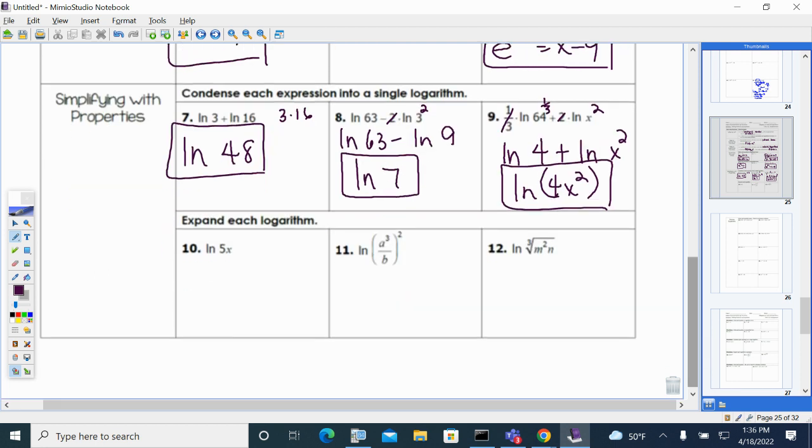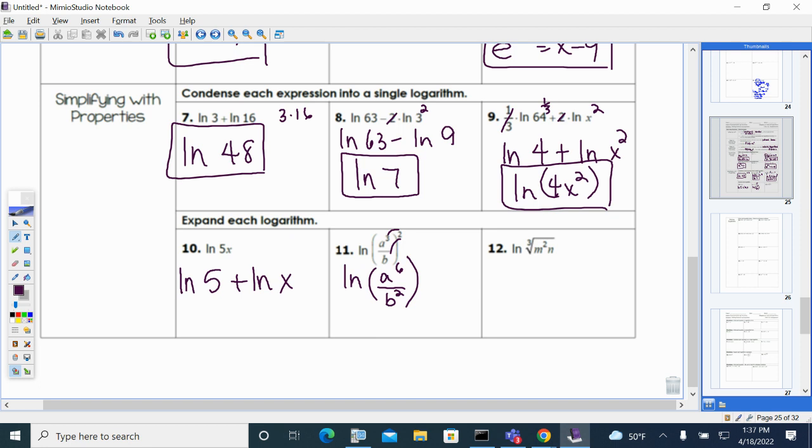For expand, we touched lightly on expand in the last chapter, and same thing here. If you look at number 10, that's the natural log of 5 times x. So we'll use addition to separate them. Number 11, I'm going to reduce the power on the outside.